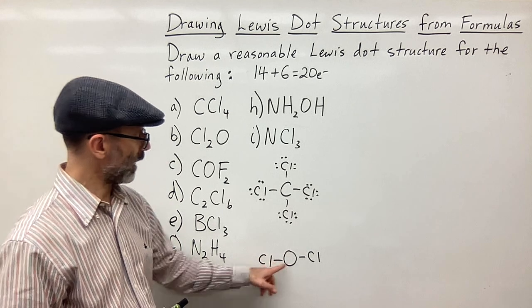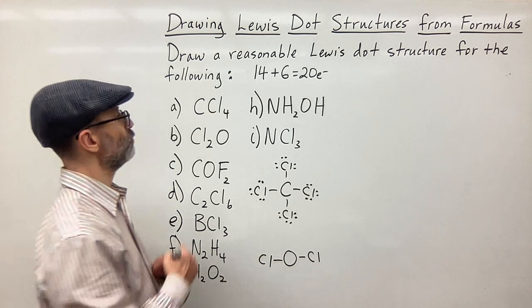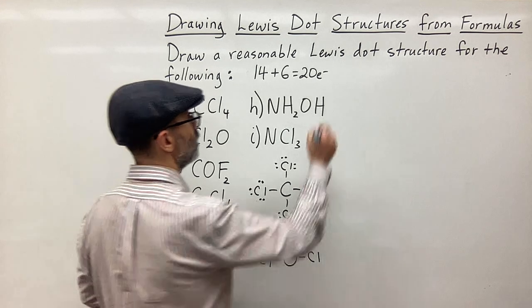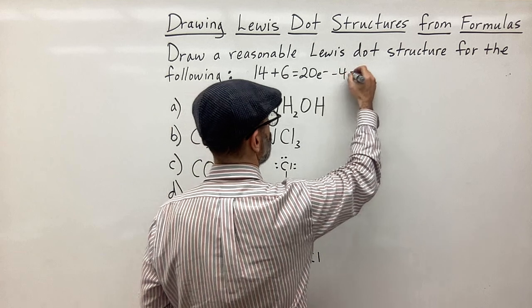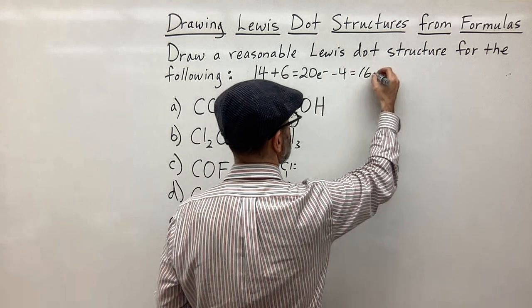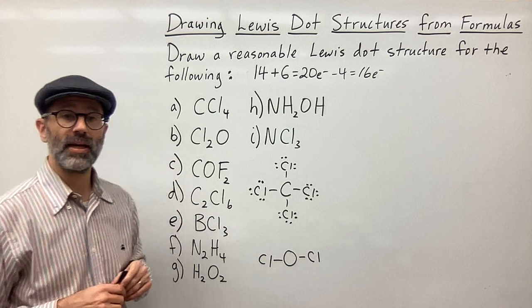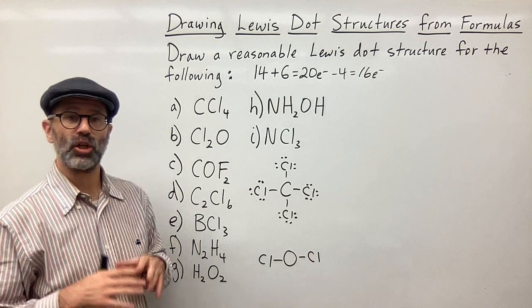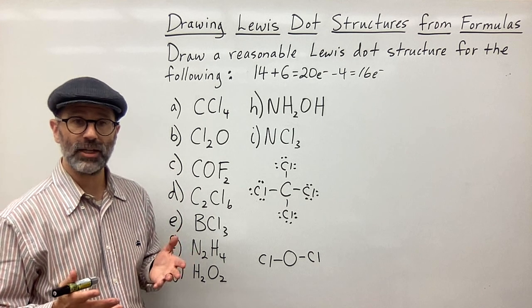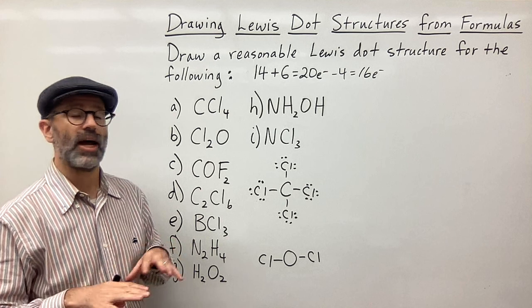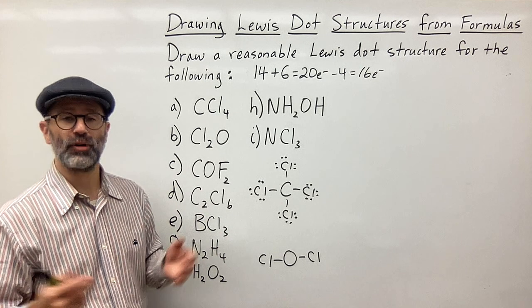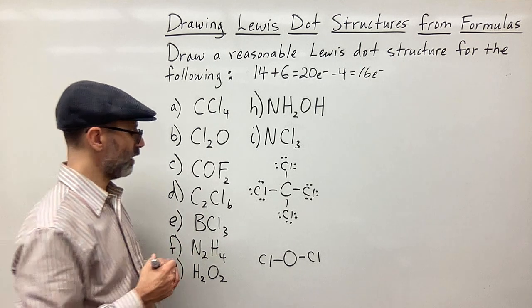So we have to subtract the electrons. That's going to be 4 electrons, 2 for each bond. Subtract out 4, and that's going to be 16 electrons left. Again, step 3 is add lone pairs to your outer atoms first to give them octets if they need it.